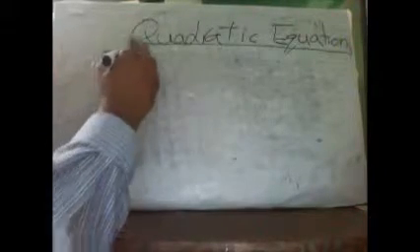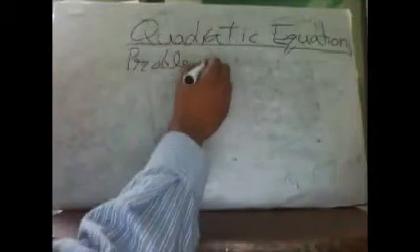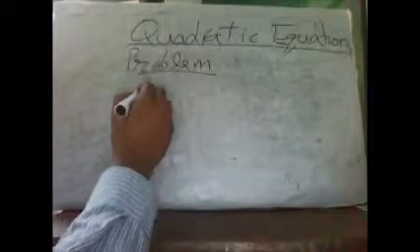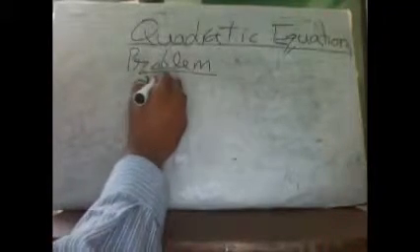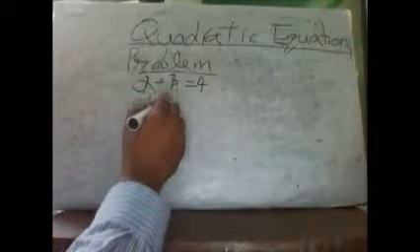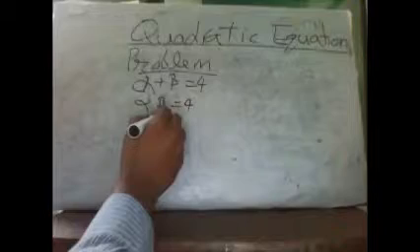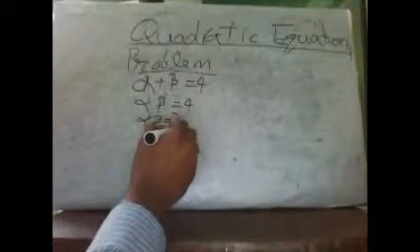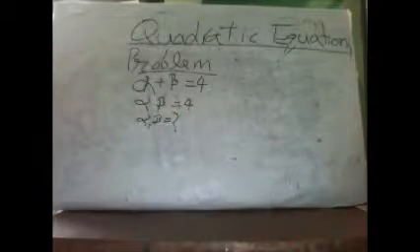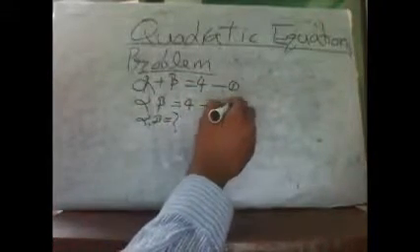Second problem we are going to solve. We are given alpha plus beta is equal to 4 and alpha beta is equal to 4. We have to find values of alpha and beta. To solve this, we have to convert these two equations into a quadratic equation.